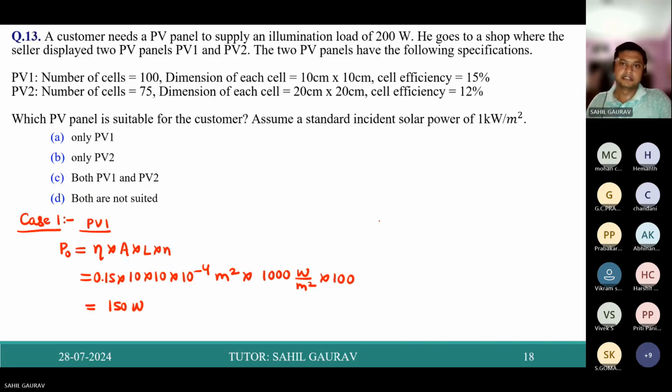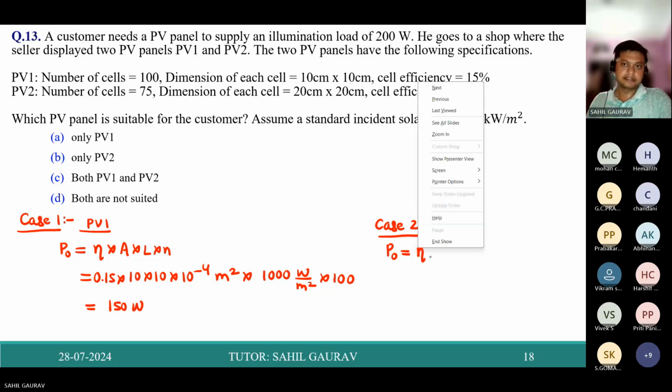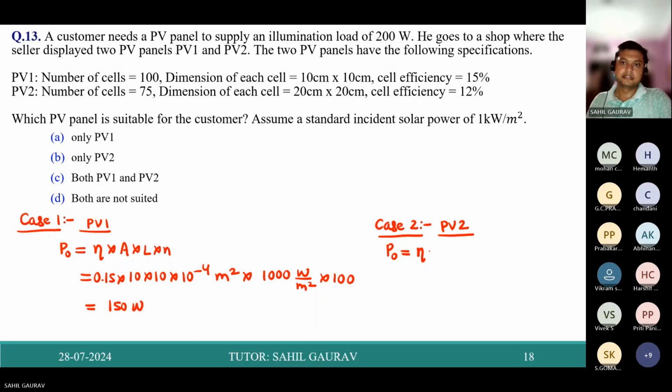Now case 2, that is denoted as PV2. So the output power for this type of panel is efficiency into area into L into the number of cells. Efficiency is 12%, so 0.12.